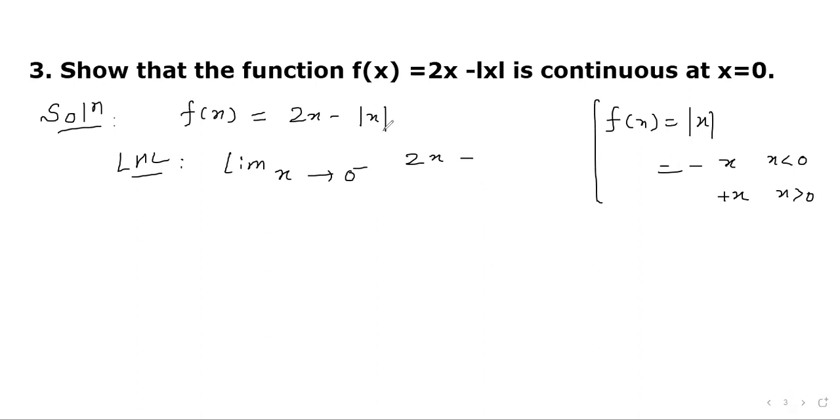So this will become minus x. So limit x tends to 0 minus 3x, which will give 0.